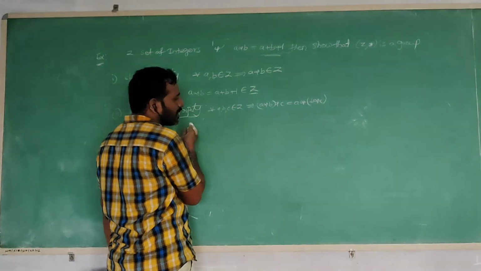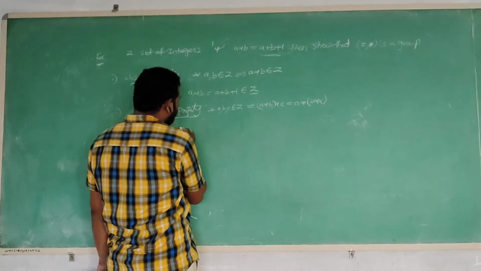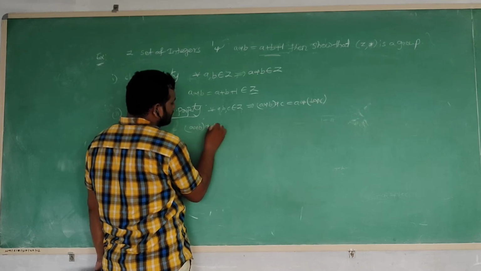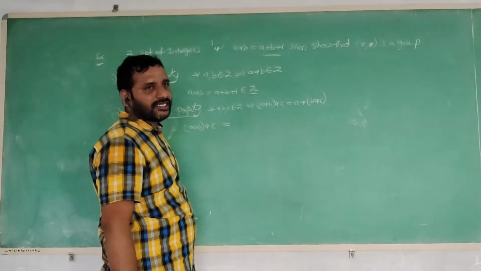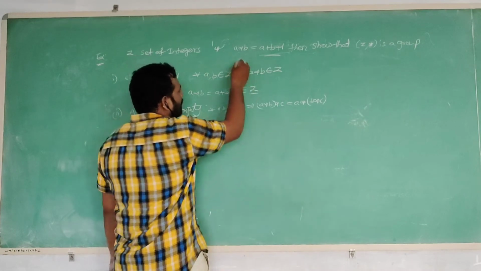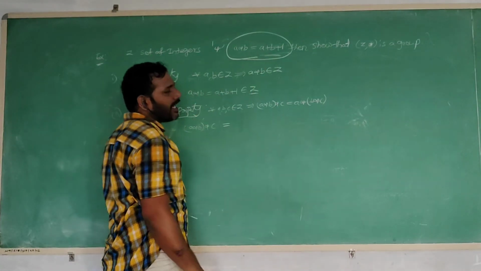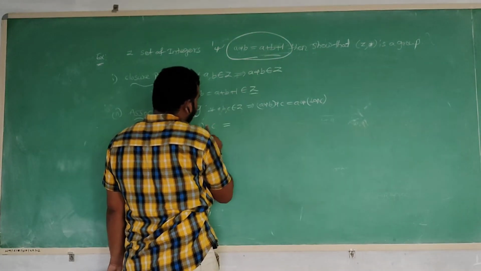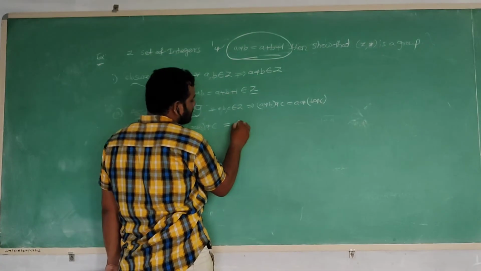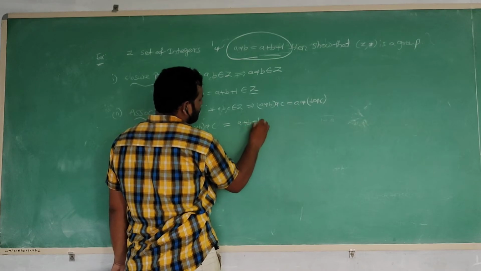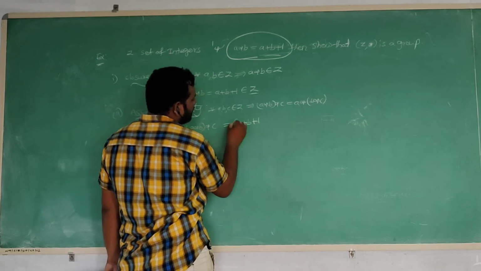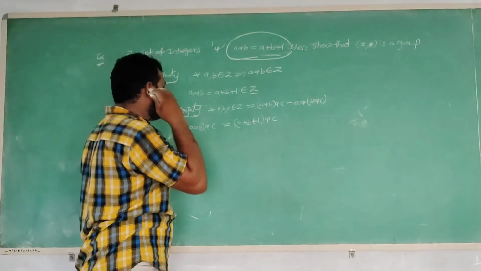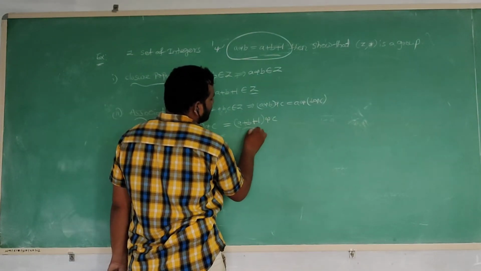I want to check the associative property. Taking the LHS, (a * b) * c equals... what is a * b?